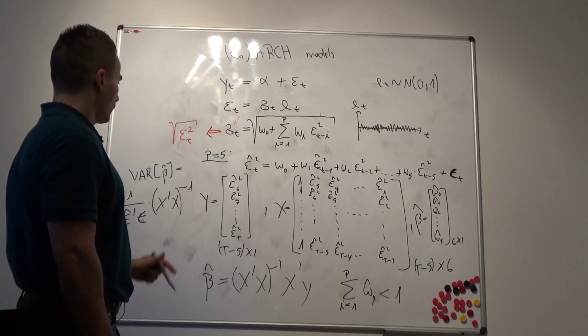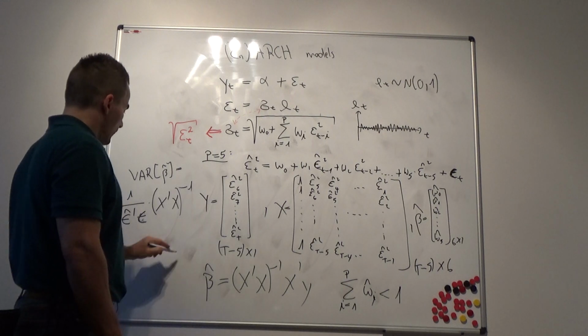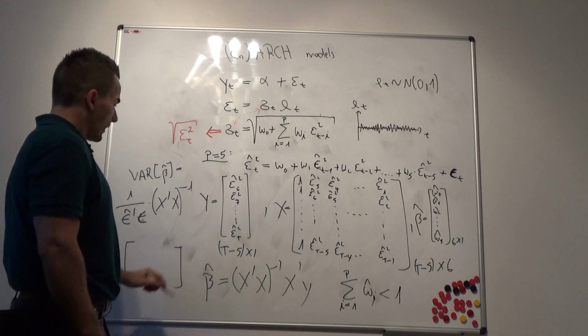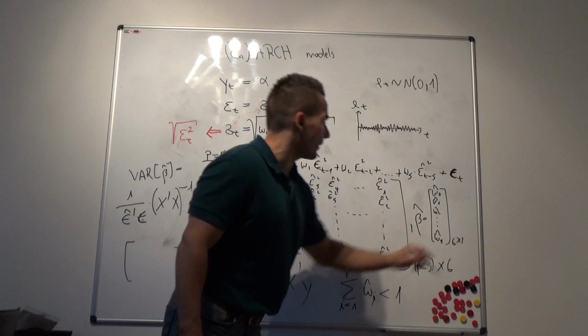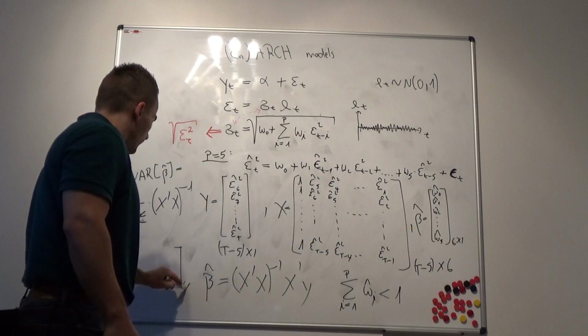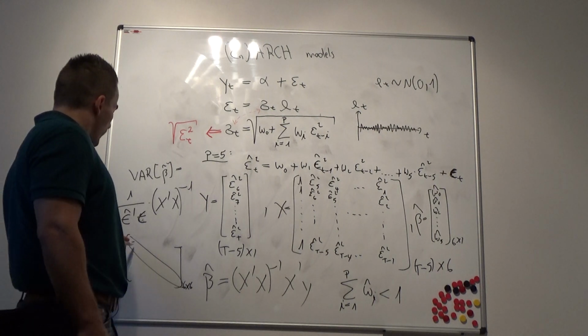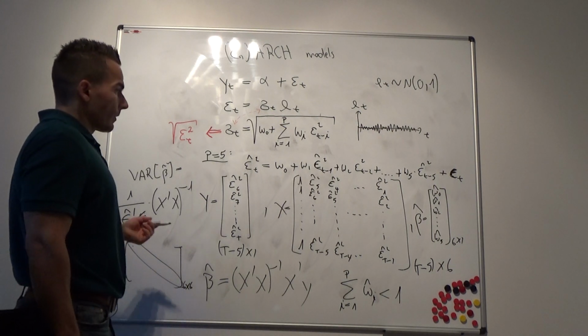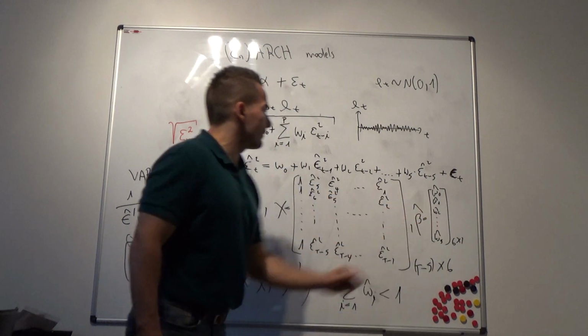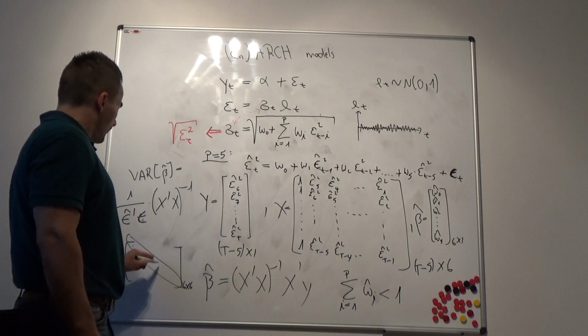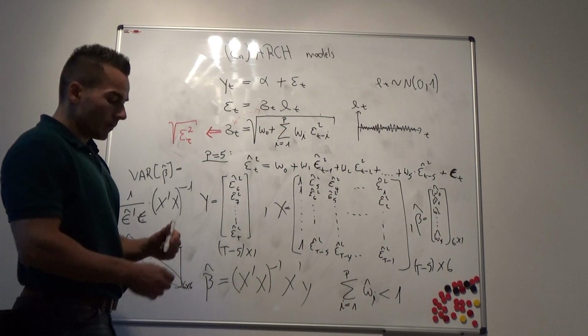What we get is a covariance matrix that must have dimension 6 by 6, and on the main diagonal we have the corresponding variances of our point estimators. We have 6 elements on the main diagonal.